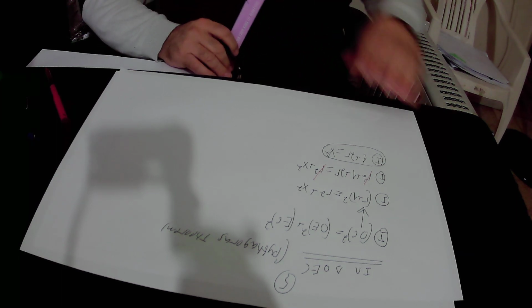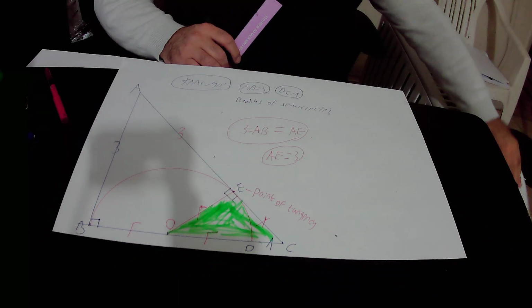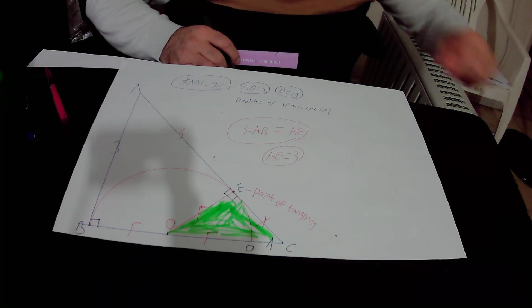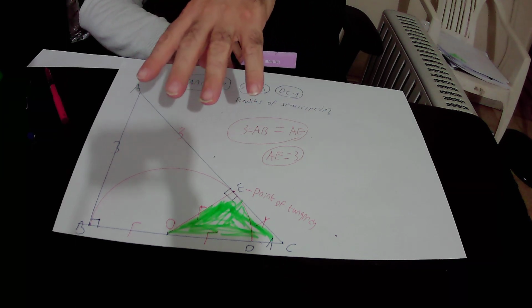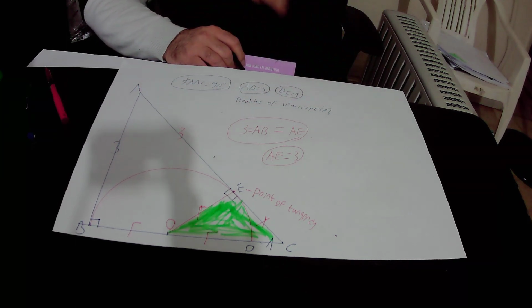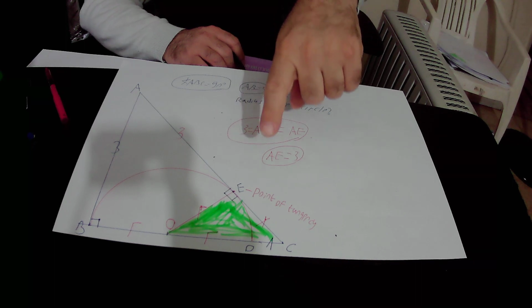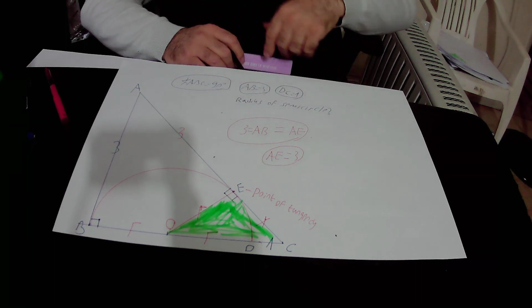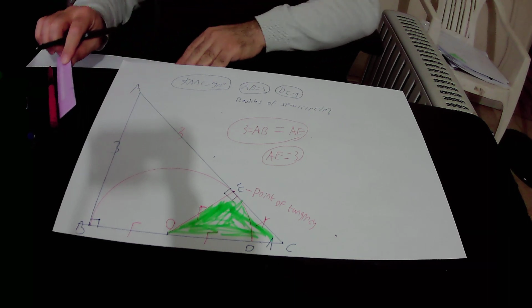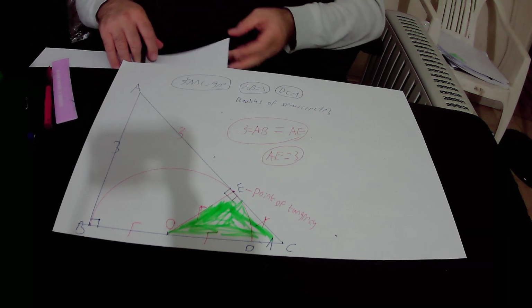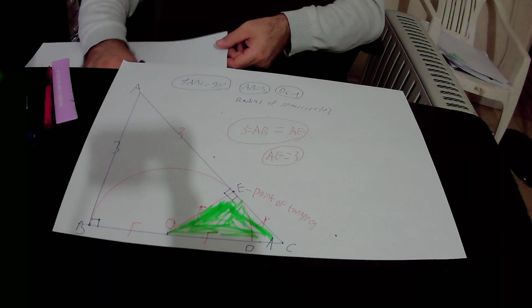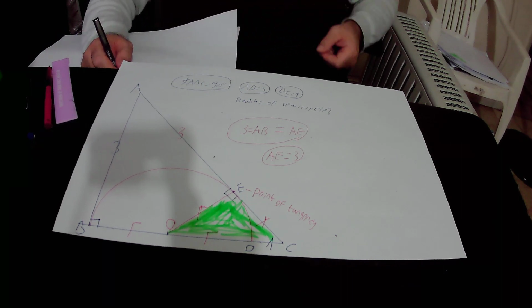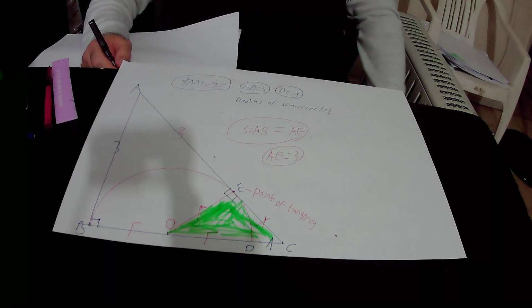Okay, so in the next step, we will focus on the right big triangle ABC, and we will also focus on the green right triangle OEC. We will actually prove that those two triangles are similar to each other.